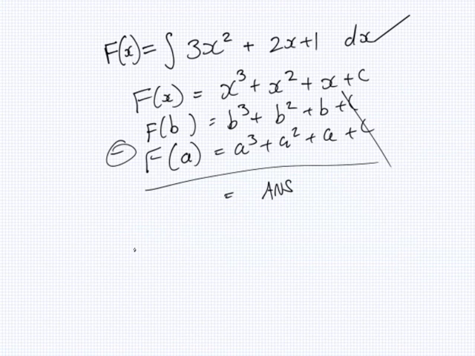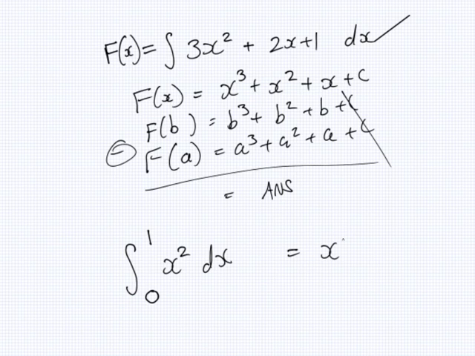Imagine I have x squared dx, and I want to know the difference between 0 and 1. The way I would write that is by putting a 0 here and a 1 here. I integrate, that's x cubed over 3 plus c, and then I put in 1, I put in 0, and then I minus them.